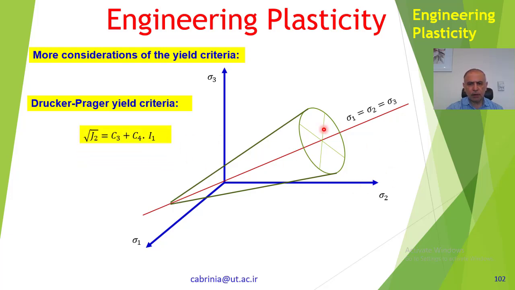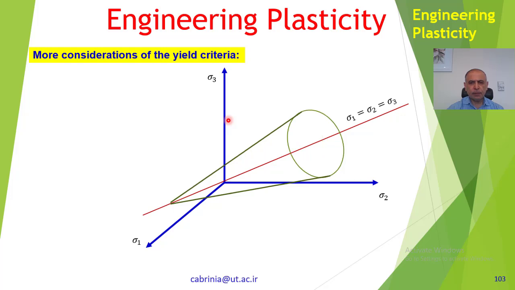Now we call this cone the Drucker-Prager yield criteria, and it is shown by this: root J2 is equal to C3 plus C4 dot I1. C3 and C4 are constants. Similarly for the Mises criteria, we could have an equivalent stress-sensitive yield criteria like this.